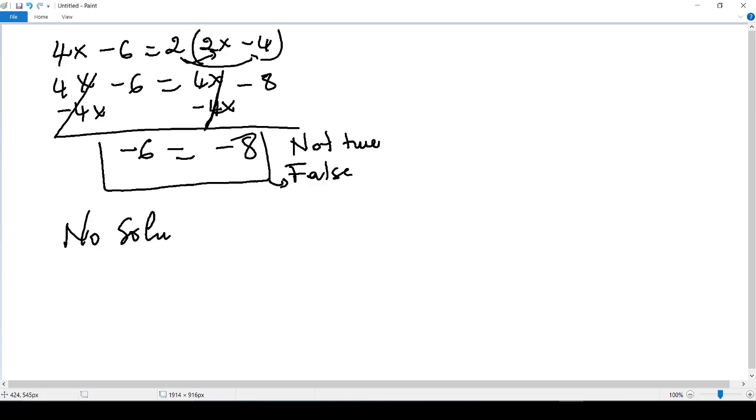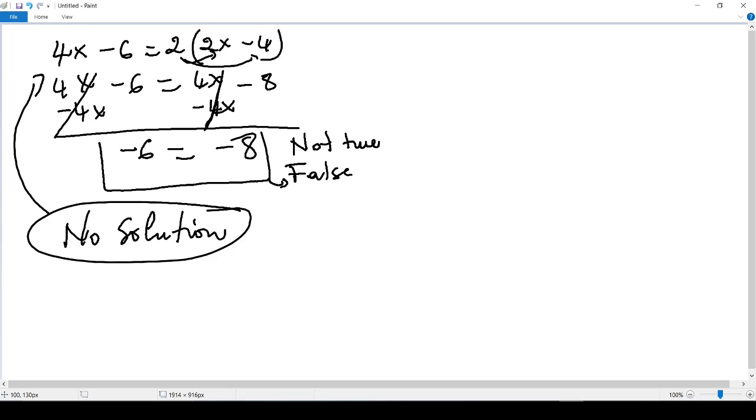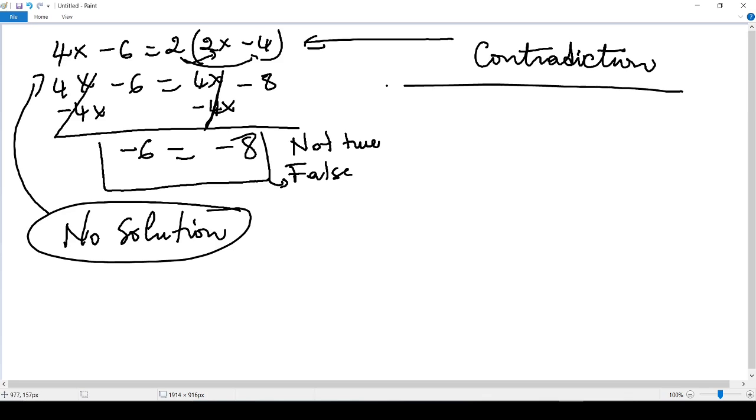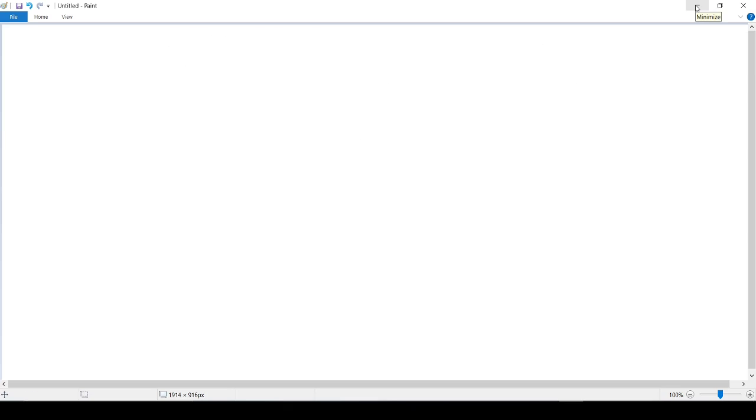That's what you should write as the result after solving this equation. And we call this type of equation a contradiction.